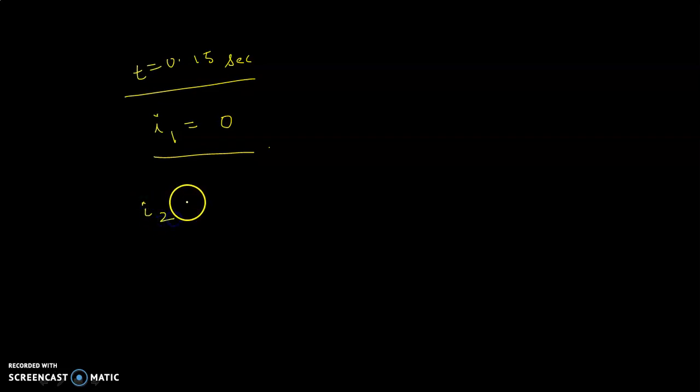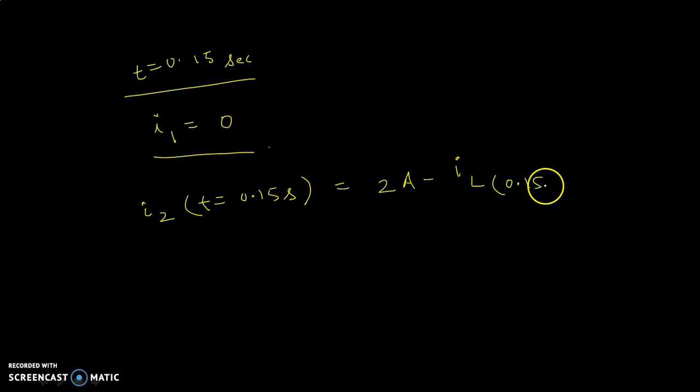I2 at t is equal to 0.15 second is equal to 2 ampere minus IL at 0.15 second. So it will be 2 minus 0.756, which is equal to 1.244 ampere. This is your I2.